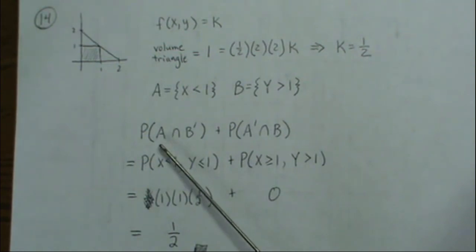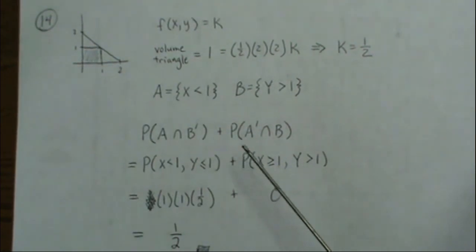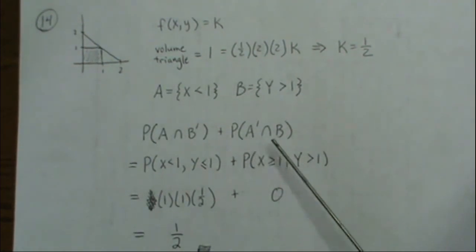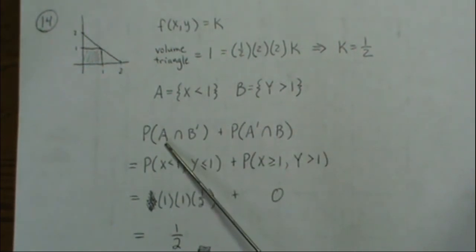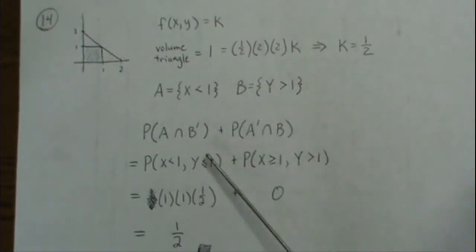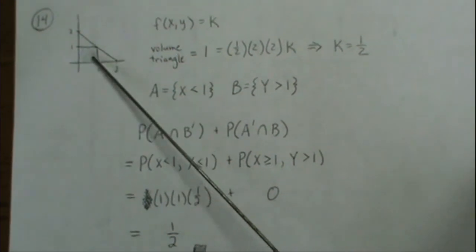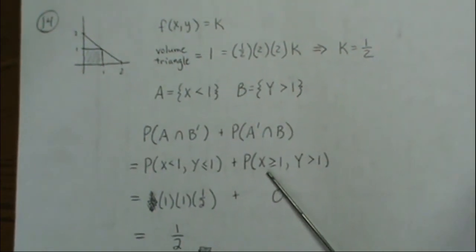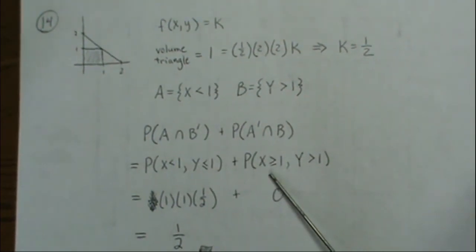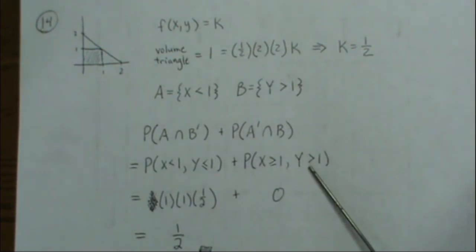So we're asked to find the probability of A and not B, plus the probability of not A and B. So this one comes down to A is X is less than 1, and here the complement of B is Y is less than or equal to 1. So that's this area here, plus A complement is X is greater than 1 and Y is greater than 1.